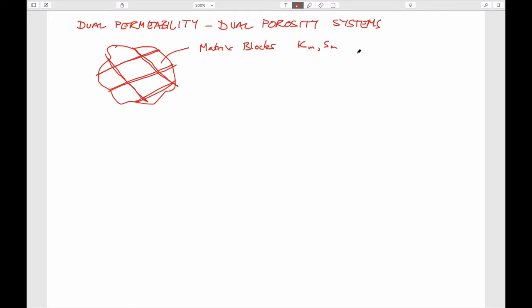And you'll recall that when we talk about flow in these systems, we have an expression that is something like the second order partial differential equation. If we just write it in one dimension, it looks something like this.